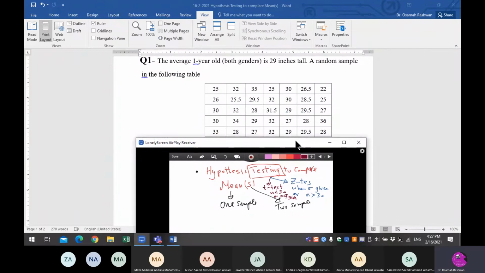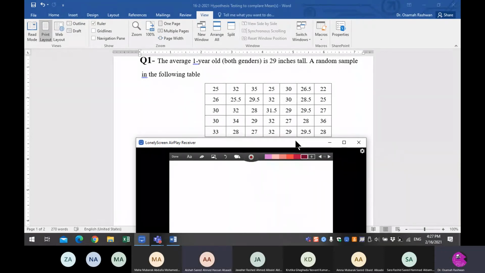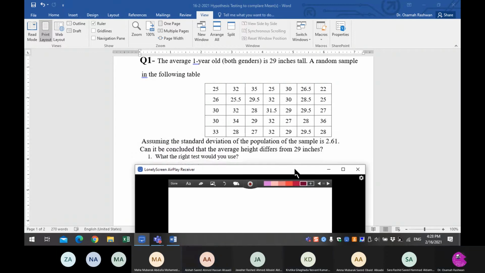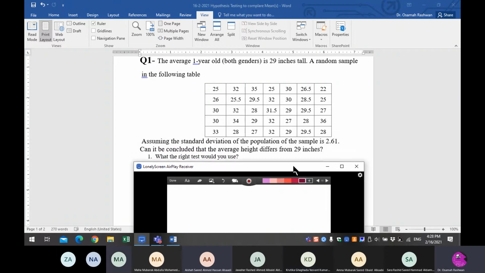I think it is two. Why two? Both genders, doctor?